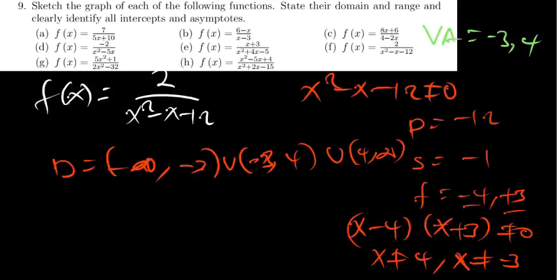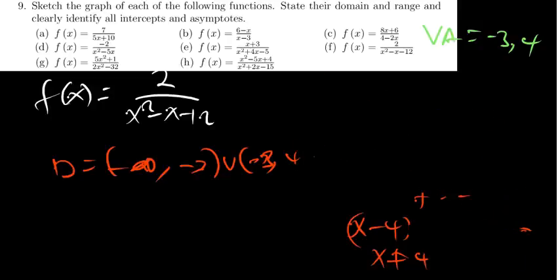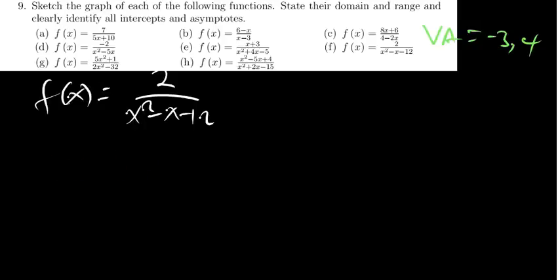Now let's see how we are going to find the horizontal asymptote. The function's bottom half is 0, so at the same time the range y will be not equal to 0.